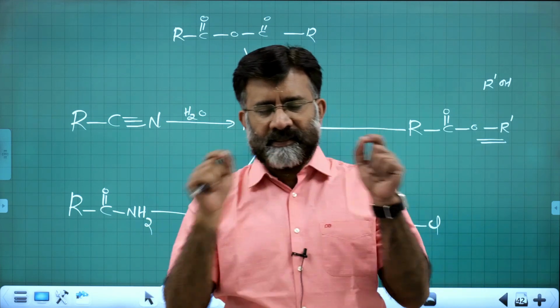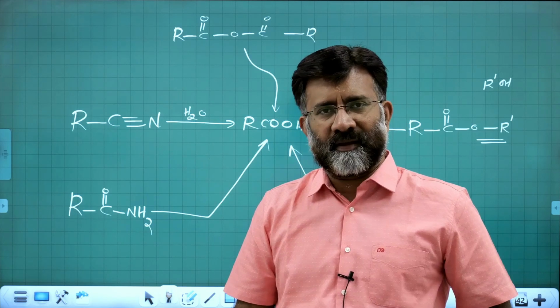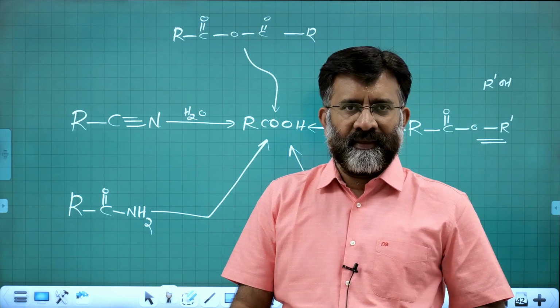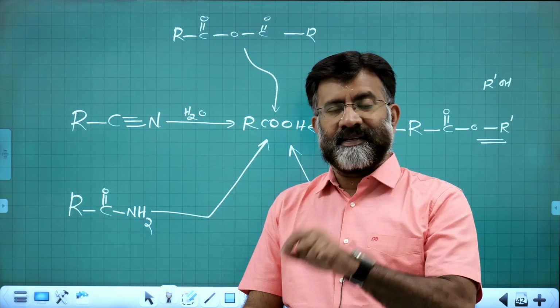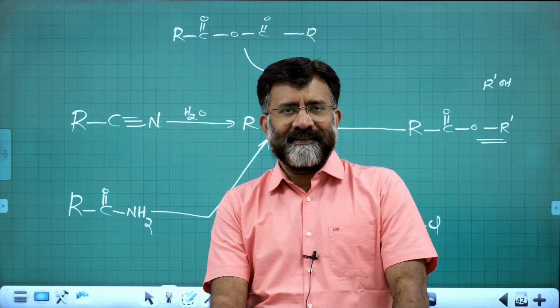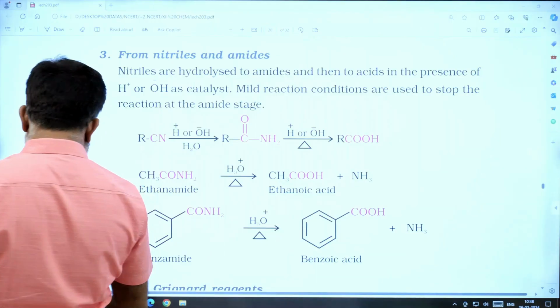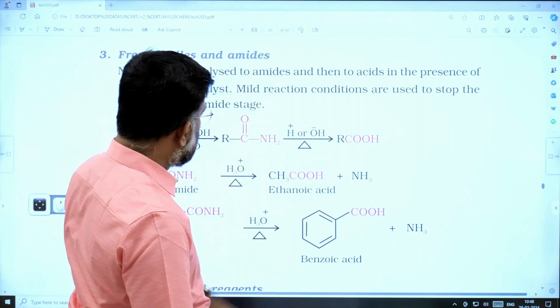So acids and derivatives, when hydrolyzed, you will get carboxylic acid. Nitriles, cyanides, upon hydrolysis, you get carboxylic acid. Clear? Yes. So that is regarding preparation of carboxylic acid.